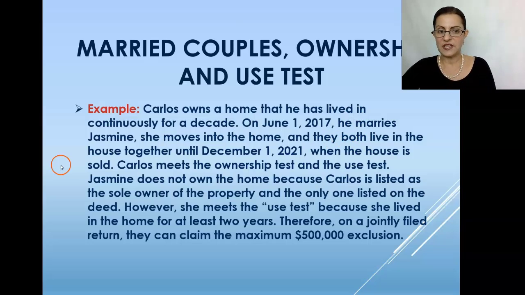So because Jasmine lived in the house at least 2 years with him, if they file a joint return, then they can exclude up to $500,000 of gain, $250,000 each, even though Carlos is the only one that owns the house. Okay, so special rule for married couples.